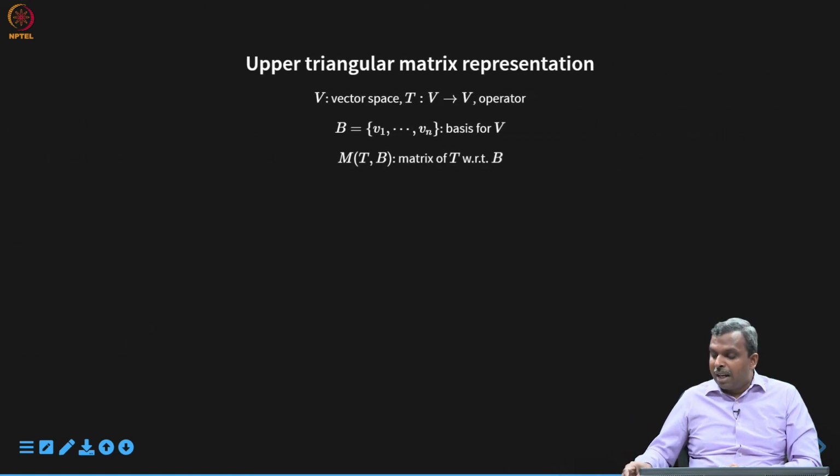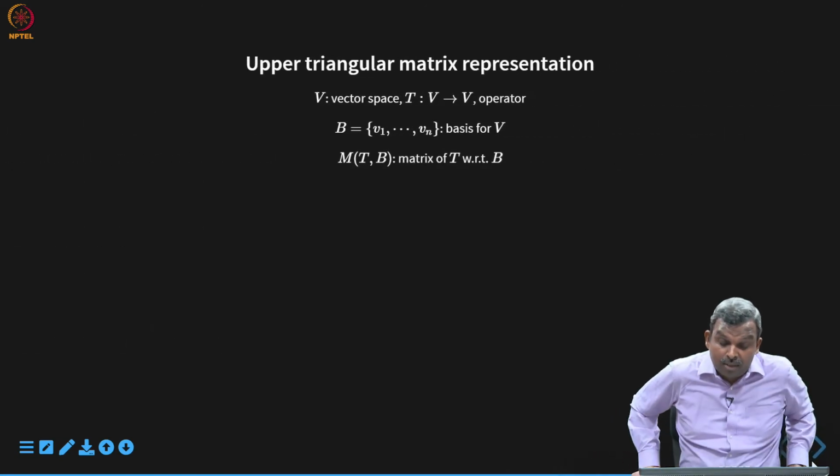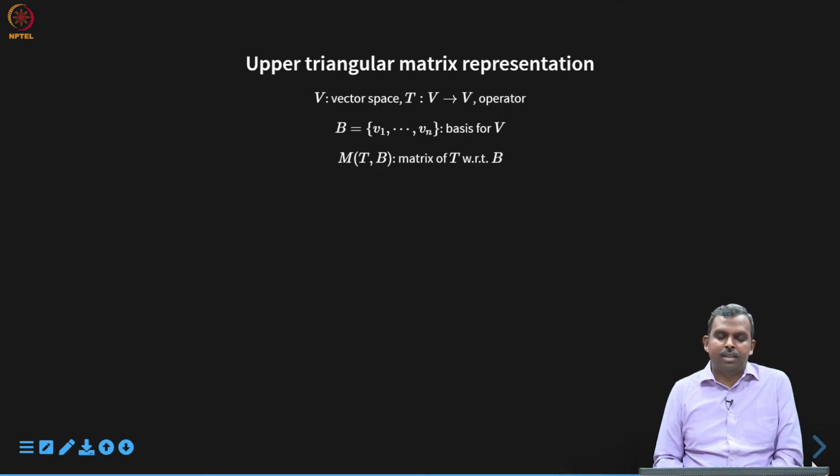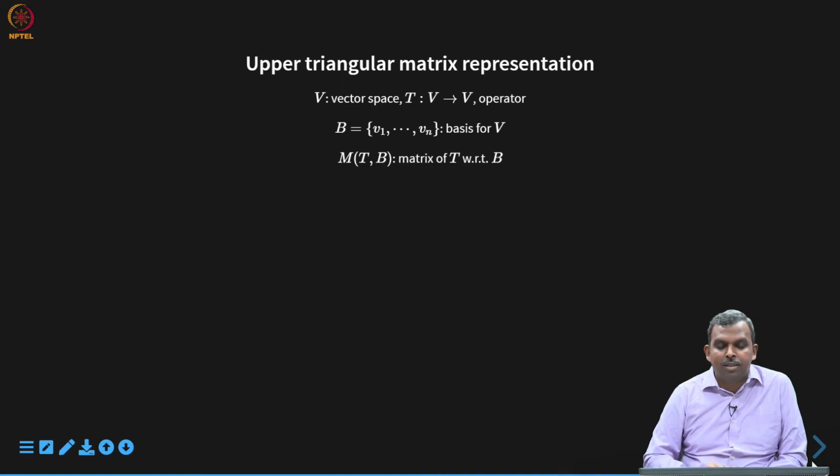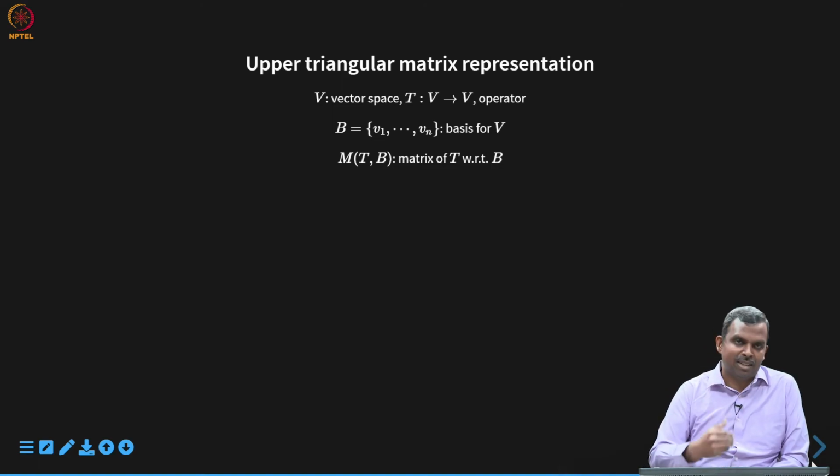Okay, so let's come back to this upper triangular matrix representation and see a very interesting result about orthonormal basis in inner product spaces. Supposing you have an arbitrary vector space, at this point I am not saying inner product space, and you think of an operator T, and you have a basis B. We always think of a matrix for that operator in that basis B, right.